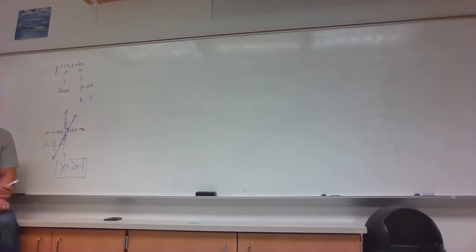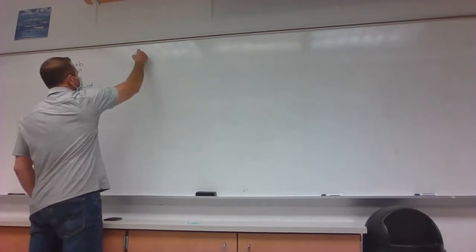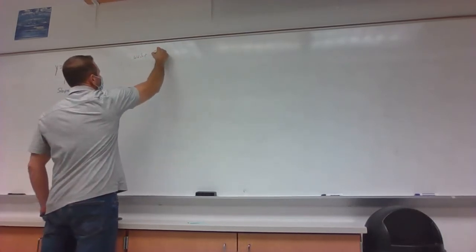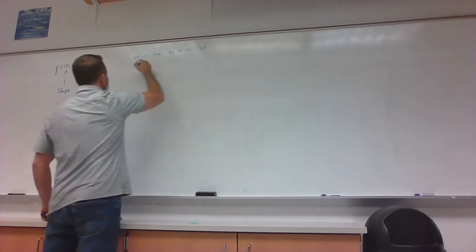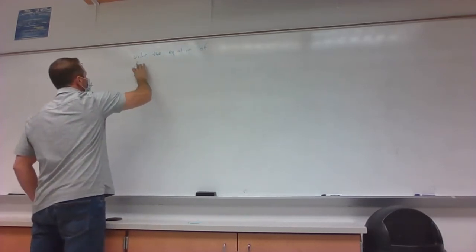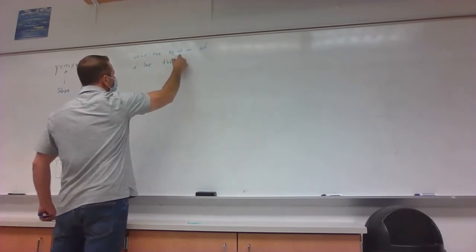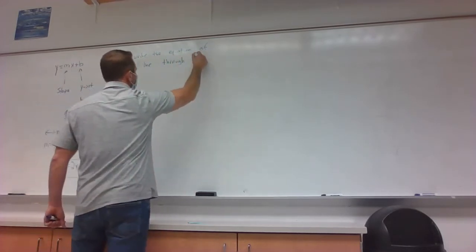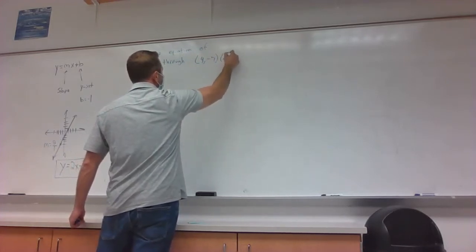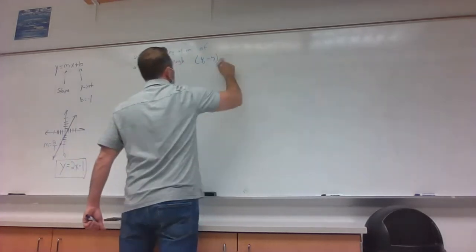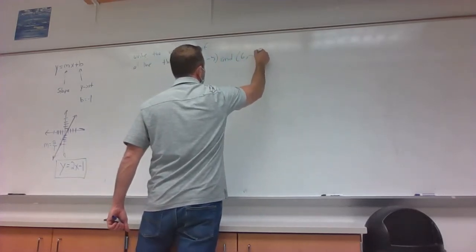Now the other thing we did on Thursday is I said, write the equation of a line through, and then maybe I gave you 2 points, (4, -7) and (6, -11).